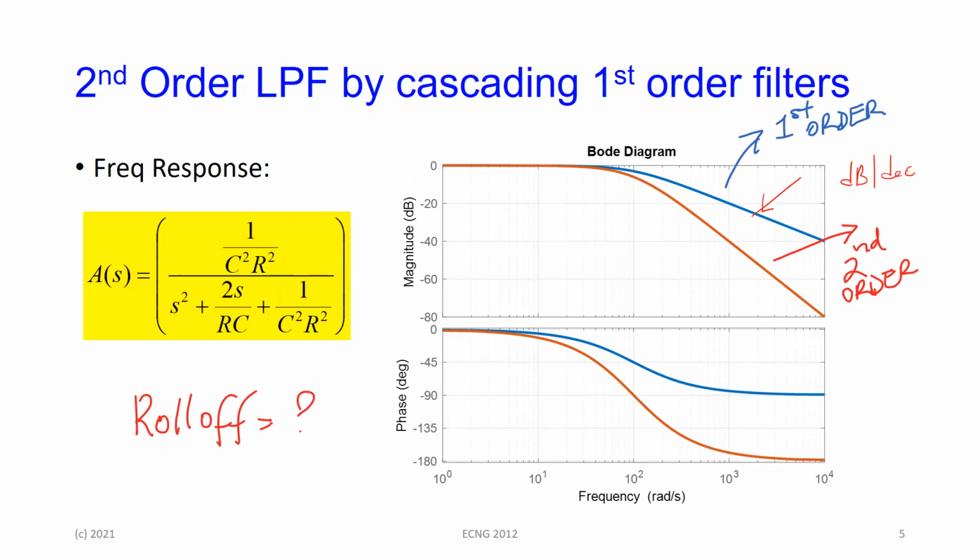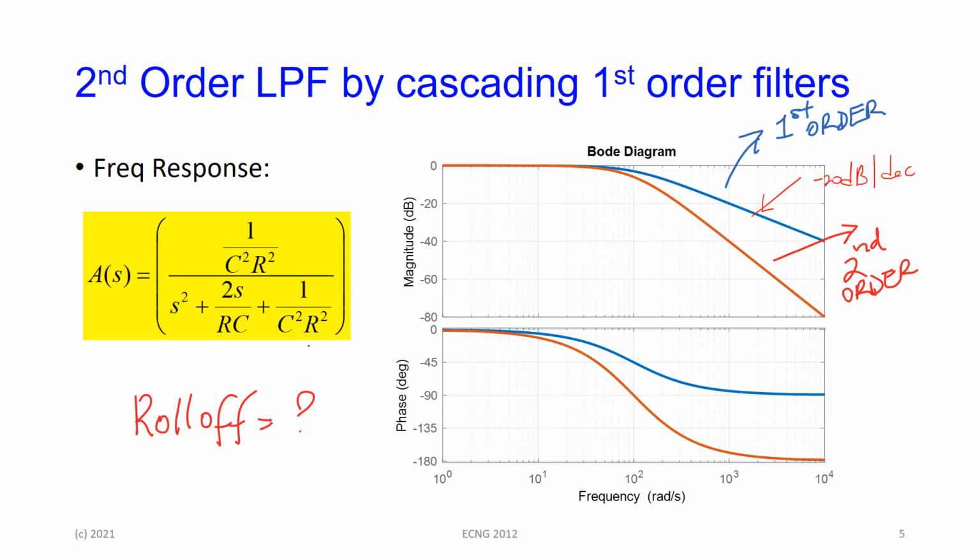Anybody recall? We did that this morning actually too, for those of you who were there. The single order rolls off at... come on. Somebody, anybody? There you go, minus 20 dB per decade, correct. Right, so they roll off here minus 20 dB per decade.